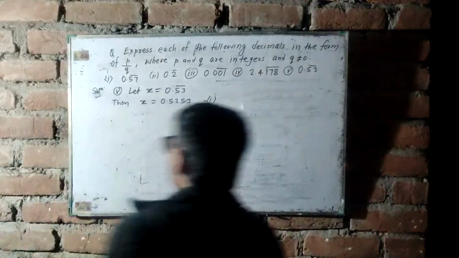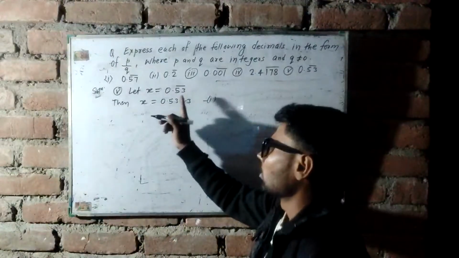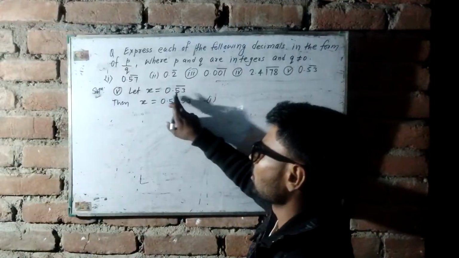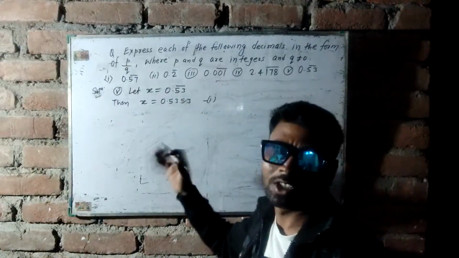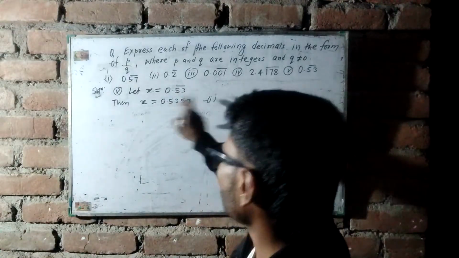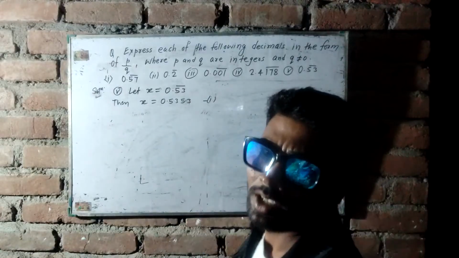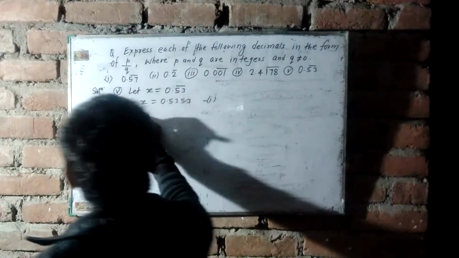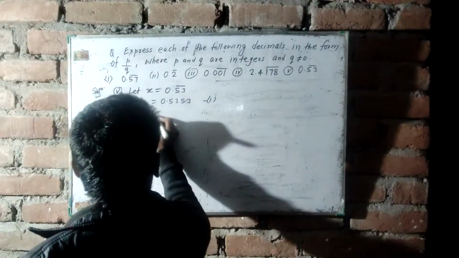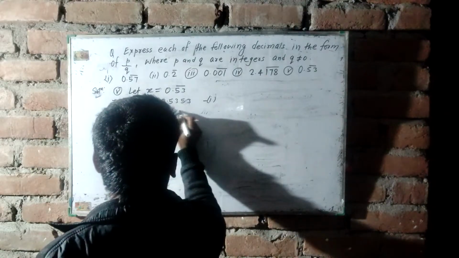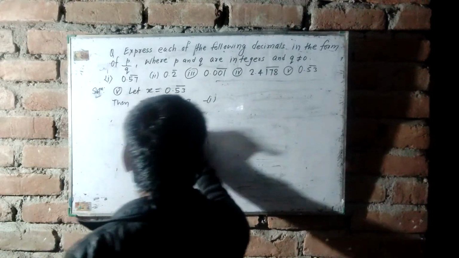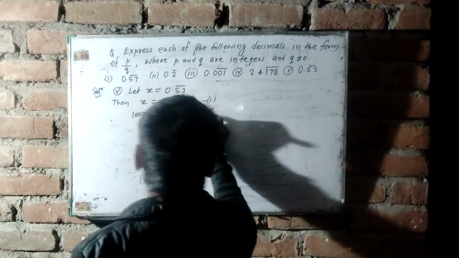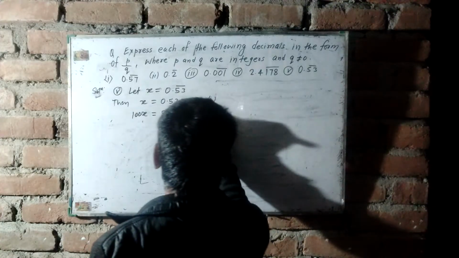Now we can see clearly the repeating block has only two digits, 5 and 3. So we multiply both sides of equation first by 100 and we get 100x is equal to 53.5353. Let this expression be equation second.